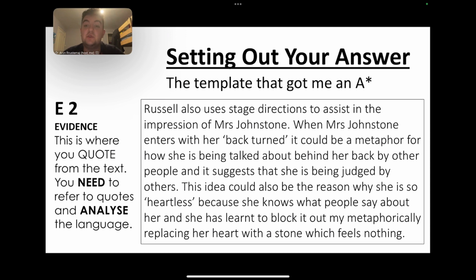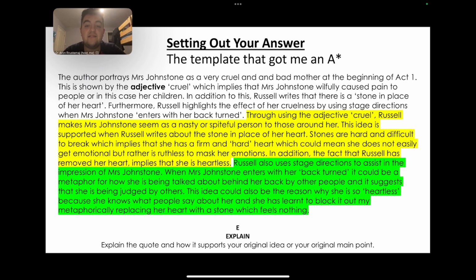The idea that this could also be the reason why she is heartless, because she knows what people say about her and she's learned to ignore it and block it out. Which, again, metaphorically speaking, is replacing her heart with a stone which feels nothing. And that is the overall section for this particular one.